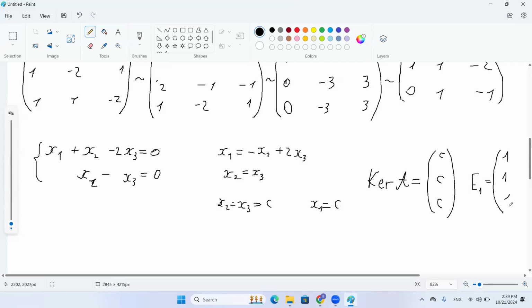So, as we know the kernel, what can we also write? Which value did we have to find here? Okay, so as we know the kernel, we can find the defect. And what will the defect be equal to here?